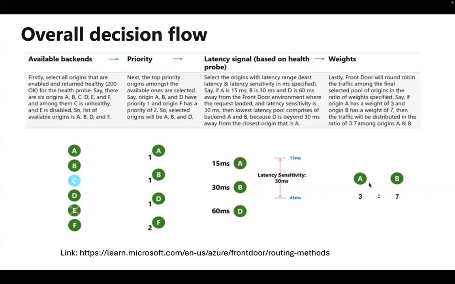Then the weights will be there. I have given weights like 3 and 7. The higher the weight, the higher the priority. Out of 10 requests which are coming, 7 requests will go there and 3 requests will come here. That's how the traffic is going, and the origin servers are taking the requests.